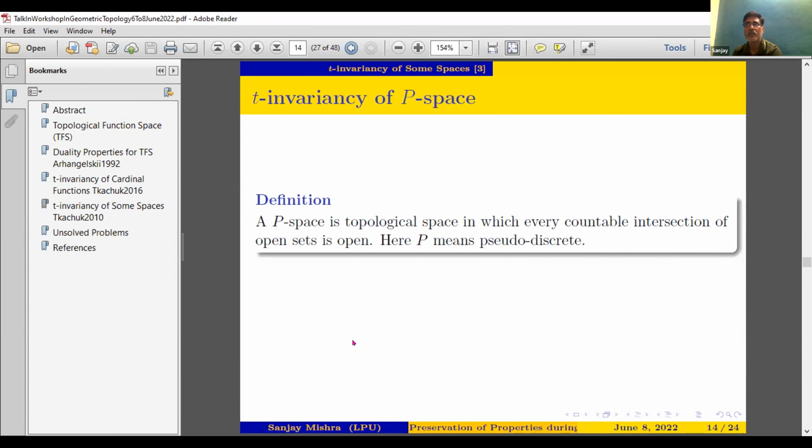Now the next section describes some important spaces and how they are T-invariant. Let us see the P-space first.